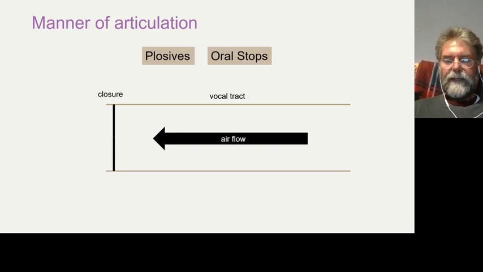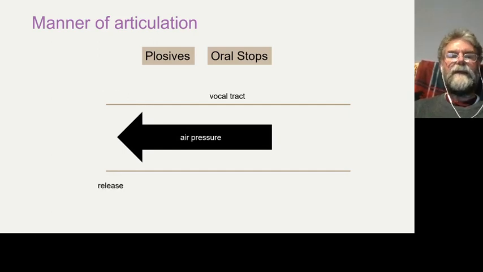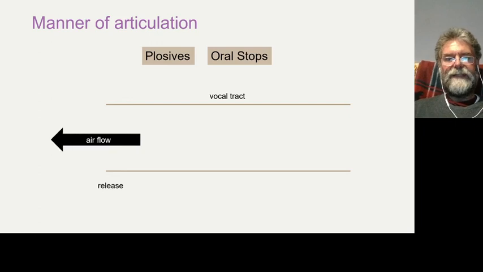We close off the vocal tract somewhere, and that causes pressure to build up behind it. Then you suddenly release the blockage, and that causes air to shoot out from wherever that blockage was. For example, p would be a plosive, whereby you've closed the vocal tract at the lips, and then you suddenly release it, and the air flows out suddenly.